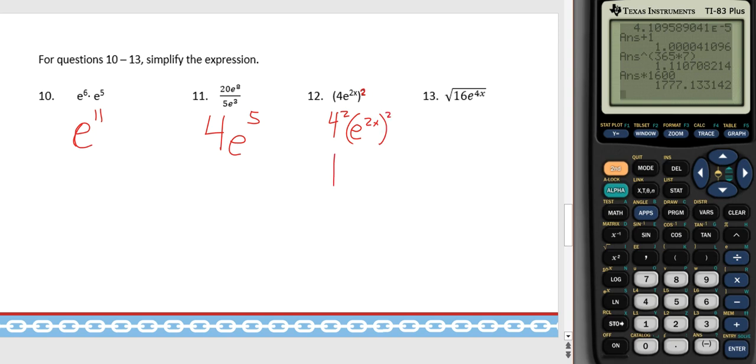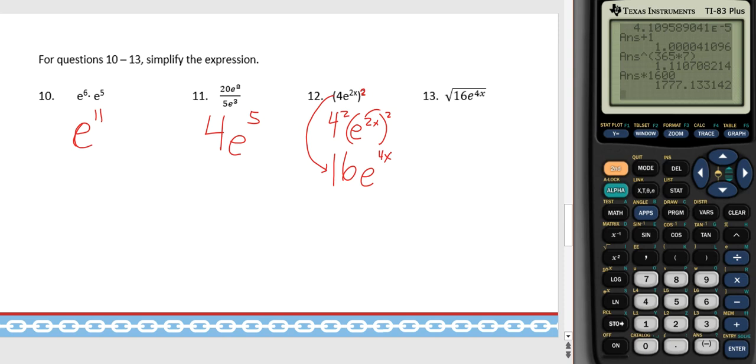So 4 squared is 16, and in this case we multiply the exponent, so this becomes e to the 4x. Okay, so we multiply the 2x by 2. Chances are on your test you're going to just do that in your head and not write down that first step that I wrote down.